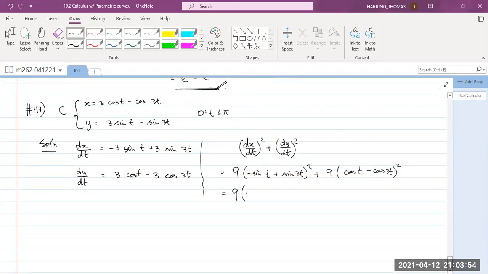So this is 9 times sine squared t minus 2 sine t sine 3t plus sine squared 3t, plus 9 times cosine squared t minus 2 cosine t cosine 3t plus cosine squared 3t.